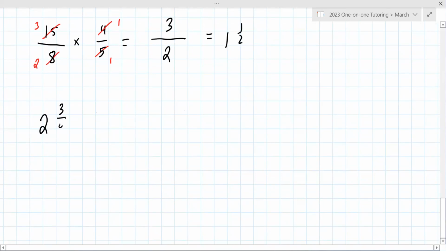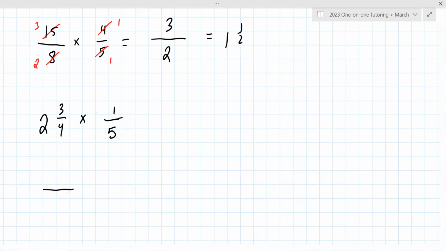Okay, and the next one is 2 and 3/4 times 1/5. Okay, like this? Okay, so you got to convert that first one to an improper fraction. 11 over 4.